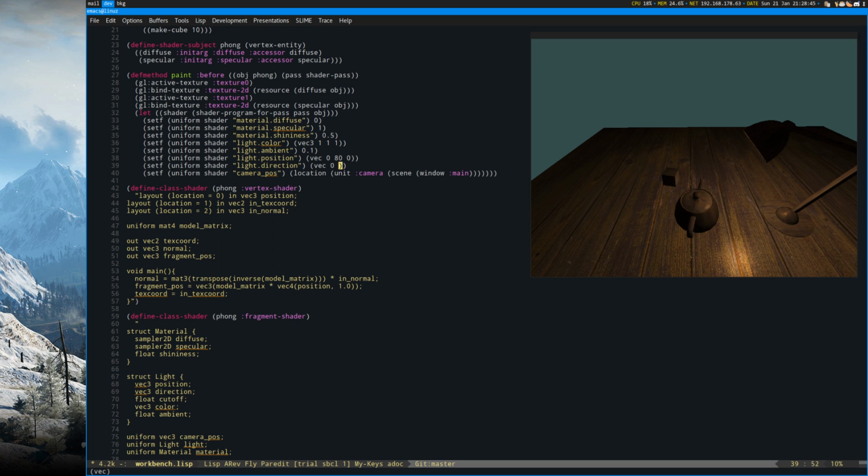No idea what the direction is going to be. Something like X and something like that. Maybe, who knows?